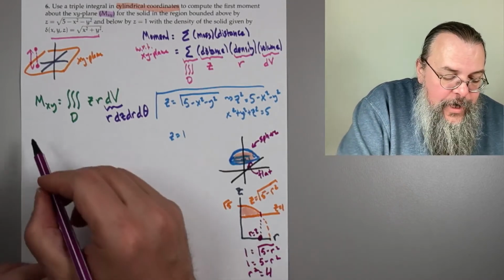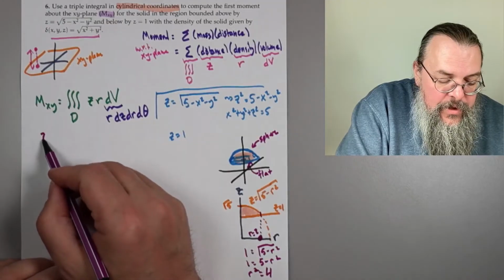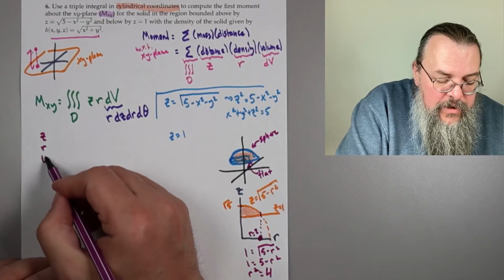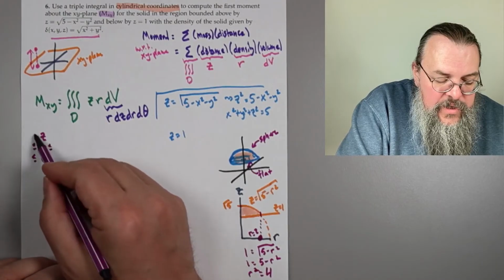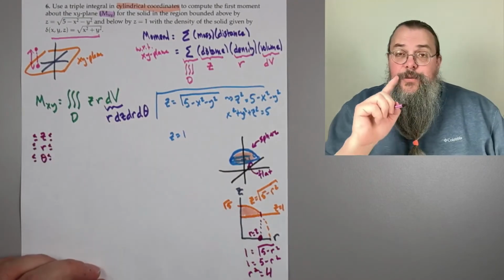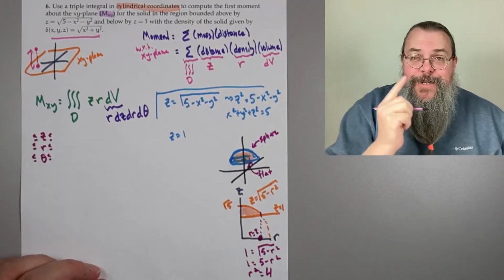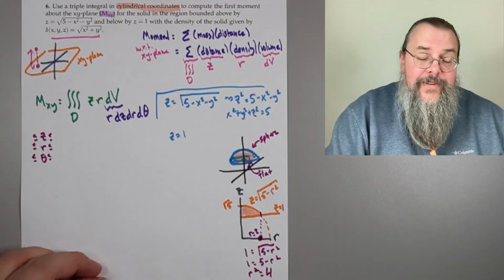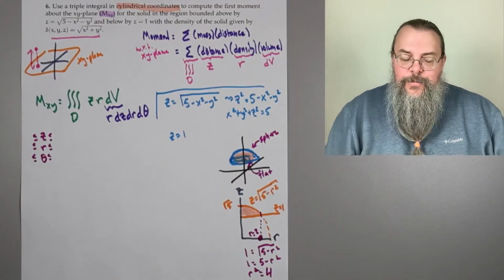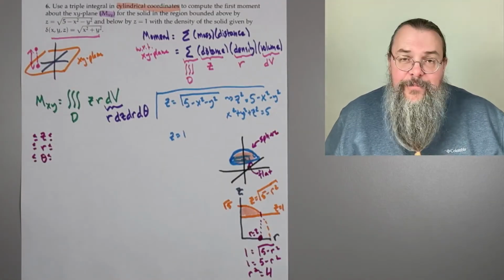To describe our shape in z, r, theta, we need to set it up in terms of bounds. Because we have that great symmetry around the z-axis, theta is going to have beautiful bounds, the best bounds.